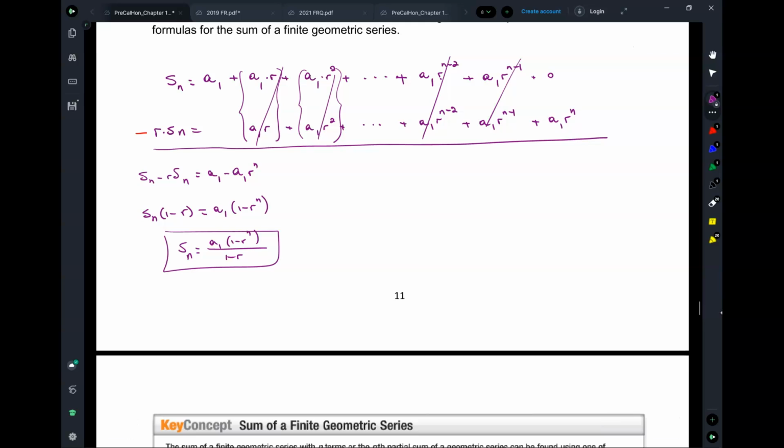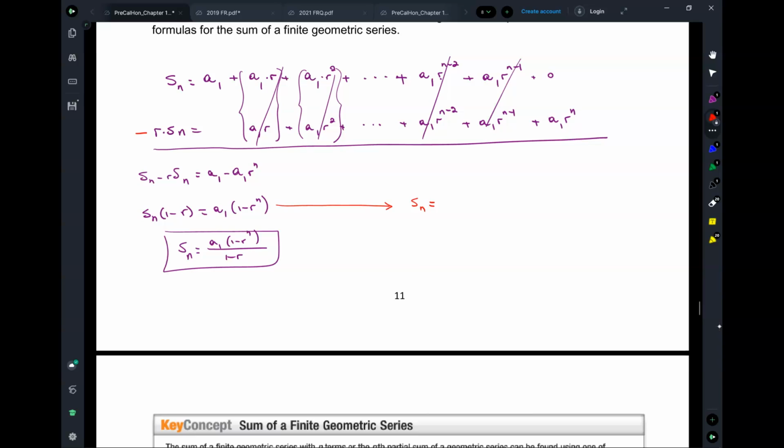Now, this is totally fun, but what if you don't have all of the information that you need? What if you're missing, for example, n or whatever? So here's another version of this. You can take this step and you can do S sub n, right? So what is this?